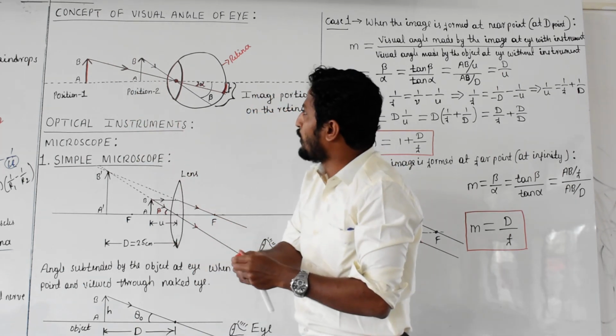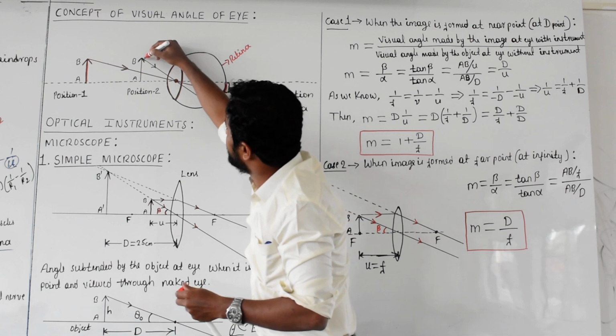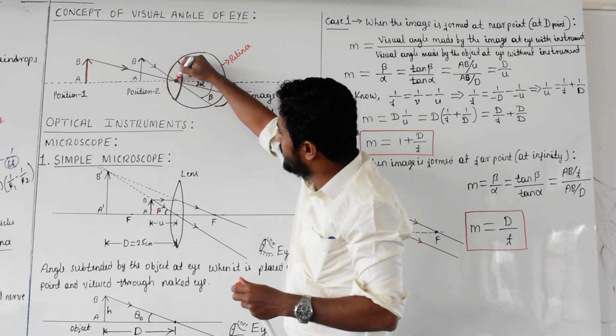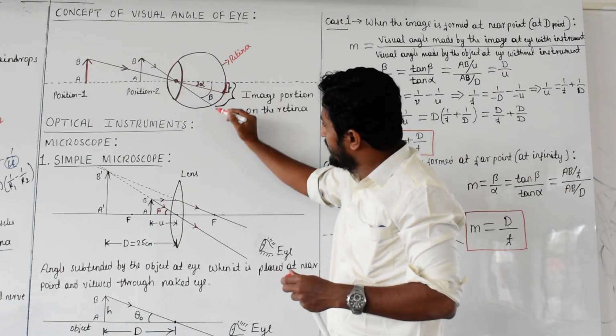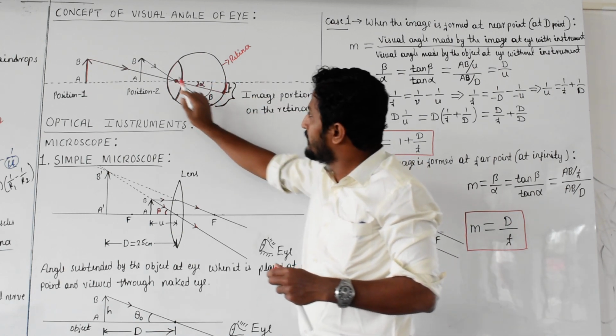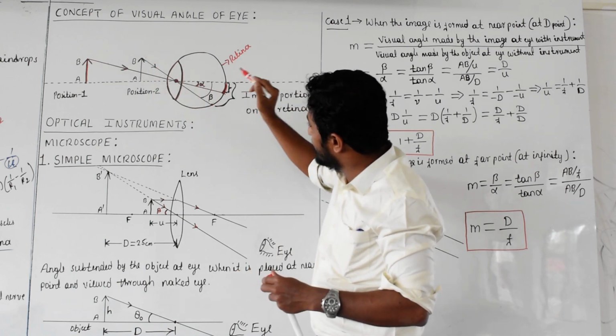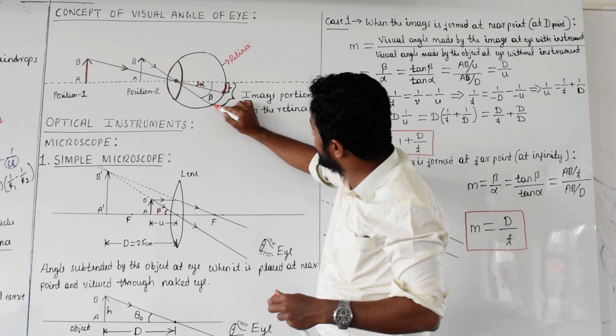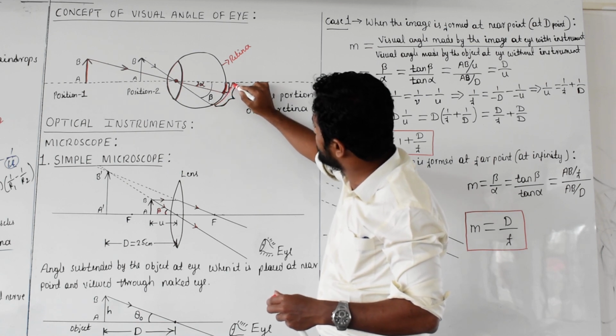Again, from its top portion you take a light ray. Through the optical center, it will move straight. Its top portion is here. In the second position, the image is going to be produced between this much portion.